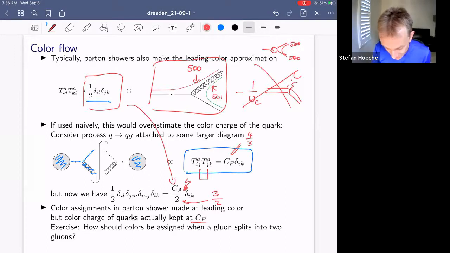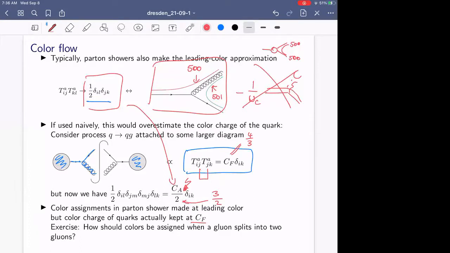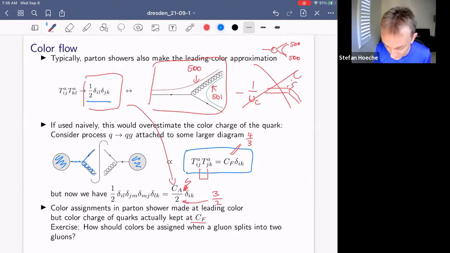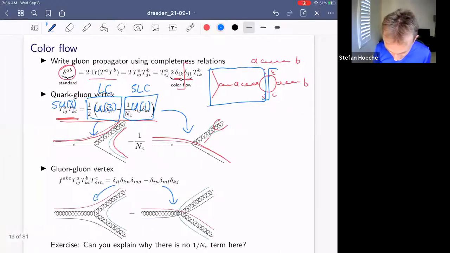And you can actually show, using the color flow representation of QCD, which I introduced here, that at leading NC, this is precisely the right picture. That is, if you ignore all these terms here. For gluons, it's a little bit more complicated because you have these two terms here, this one and this one.